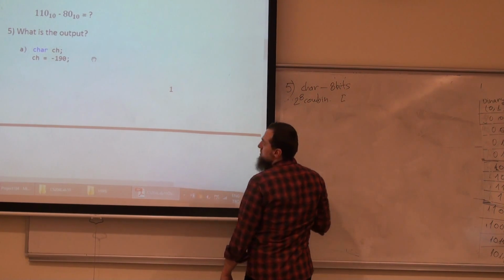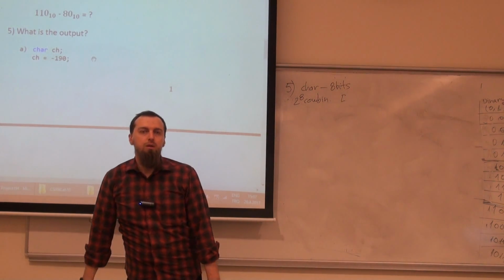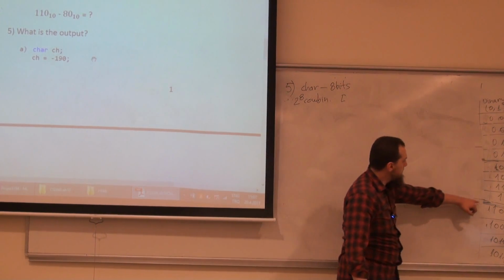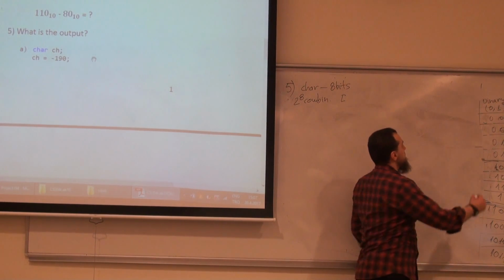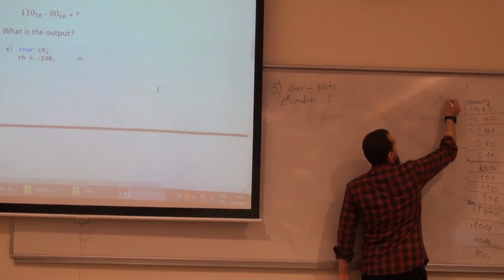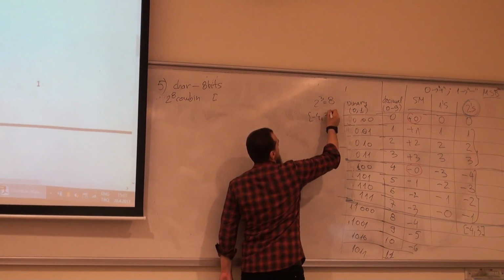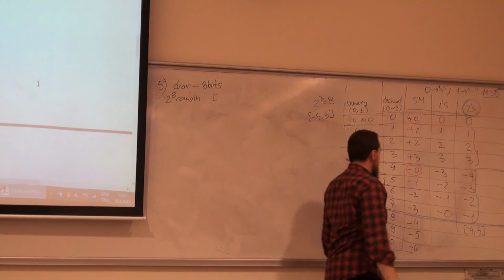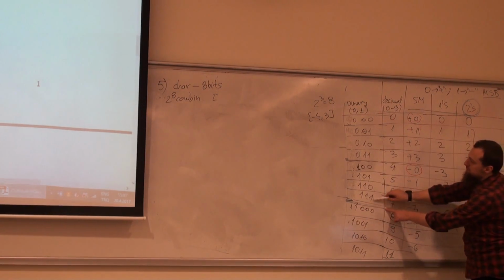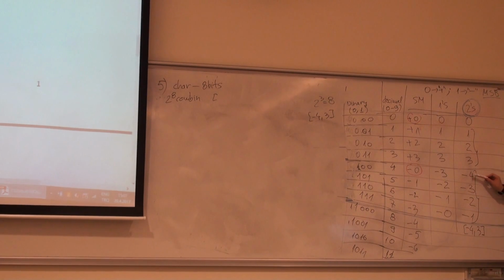The range. This is not unsigned character. You see, when we have 3 bits, which is 2 to the power of 3, which is 8, the range here was from -4 to 3. Okay? When we had 3 bits, we could represent from -4 to 3, everything in between.